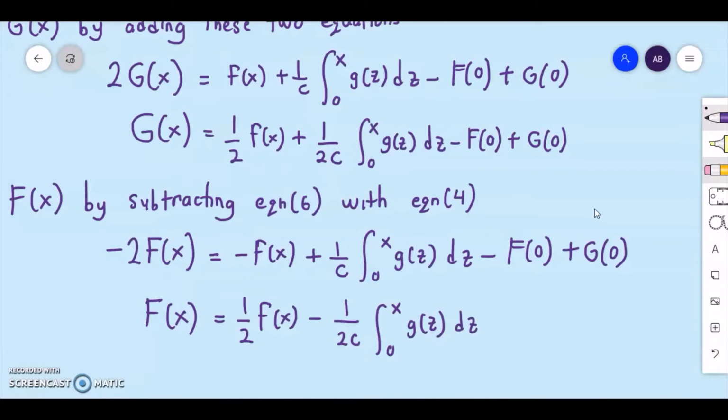I need to mention that this 1 over 2 here is also for this term here. If I don't do that, I'm gonna make mistakes in everything. So I have 1 over 2 for f0 and g0. Similarly, this one will become positive 1 over 2 f0 minus 1 over 2 g0. Okay, so let me just fix this equation here.